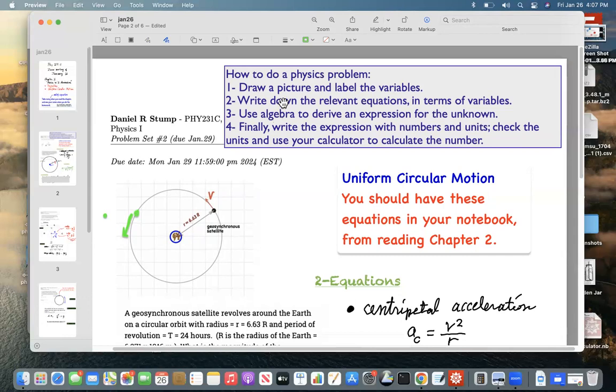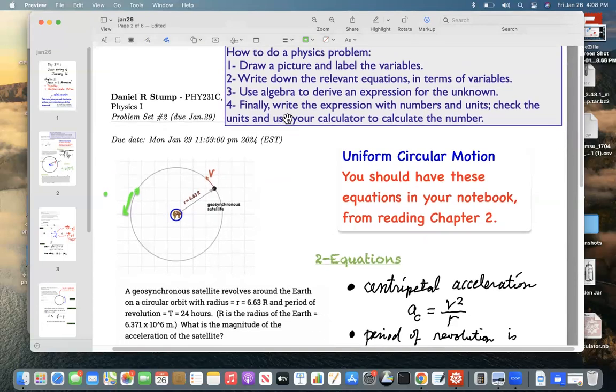Then you'll have a set of equations. You use algebra to derive from those equations an expression for the unknown. In this problem, the unknown is the acceleration. Okay, so now you've got an expression for the unknown. That will be a number with a unit.